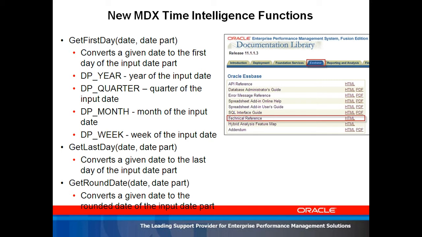Select the release level library you wish to view, which for many of us might be 11.1.2 now instead of 11.1.1.3, and then select the technical reference link, and finally select contents. It's a long way to get there. And then within the contents of the technical reference, select MDX functions, and MDX functions that return a date.